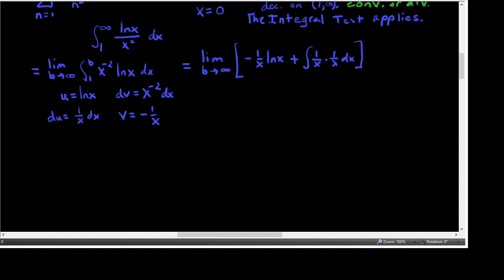Okay, now I've got to go back and think about this carefully. The integral is still from 1 to b, and the thing I forgot to put in when we're doing the definite integral with integration by parts is that the first part is out of the integral, so I need to put that from 1 to b for the part that's already out of the radical.